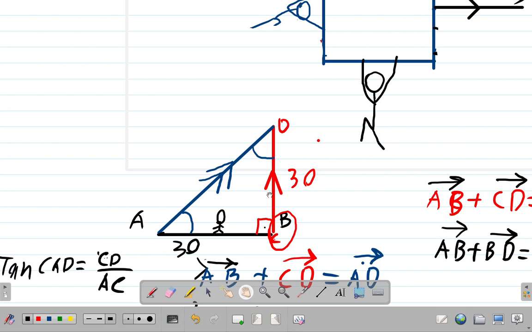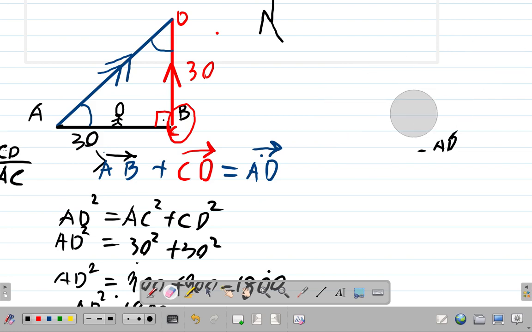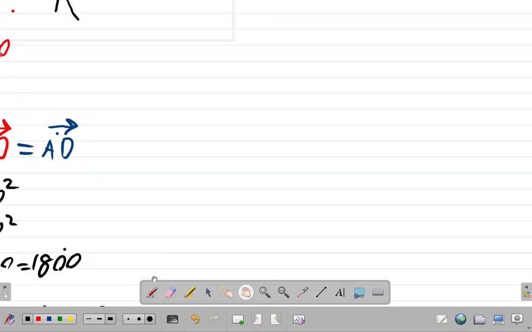But let us redo this by using what is called the parallelogram rule. Let's look back at the triangle rule that we use, and then we come to the parallelogram rule. The triangle rule says we have this vector acting this way, this vector acting this way.